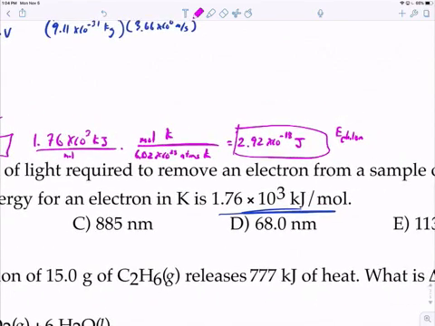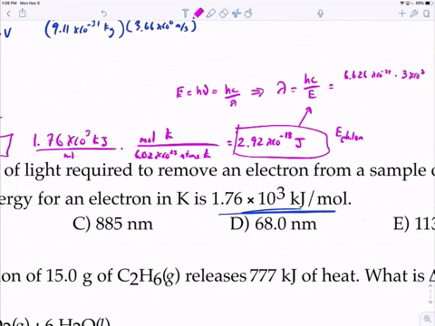So what is this? This here is the energy of your photon. E equals h nu is equal to hc over lambda, which implies wavelength is hc over E. We plug that E in there: 6.626 times 10 to the minus 34 times 3 times 10 to the 8th, all over 2.92 times 10 to the minus 18.